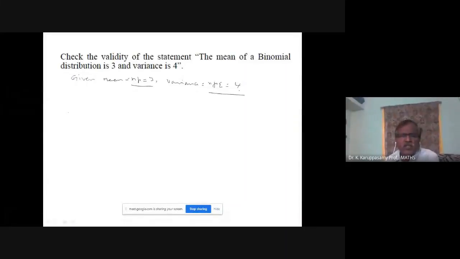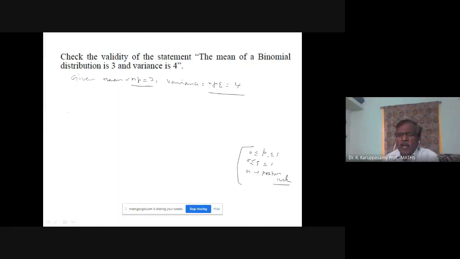From these two equations, try to find out P, Q, N. For this, probability P must lie between 0 and 1, and Q also lies between 0 and 1, and N value must be a positive integer.